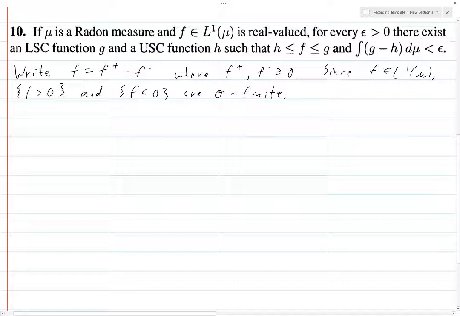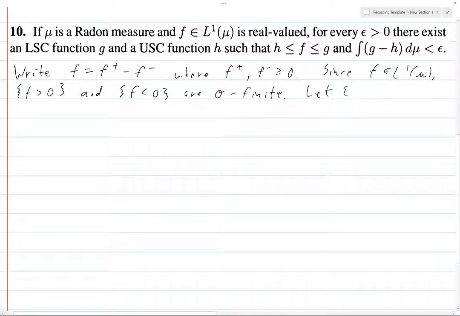That's because if they weren't sigma finite, then you can basically get a contradiction by taking unions of sets of large measures. You can convince yourself of this if you don't see it immediately. It's not a very tricky thing to check.